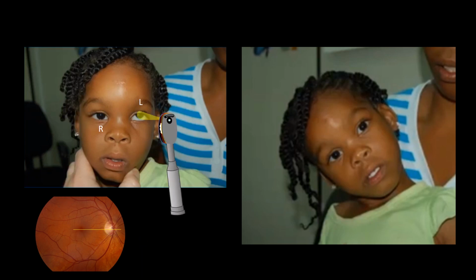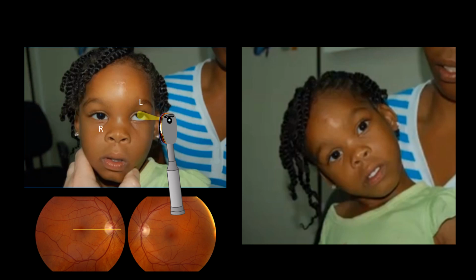Now, if we look at the left eye, we would see the left retina, the disc, and the fovea. Were we at this point to repeat the exercise we did in the right retina by placing a line in the equator of the fovea and then prolonging it towards the disc, we will see that the line is barely touching the disc at its lower pole.